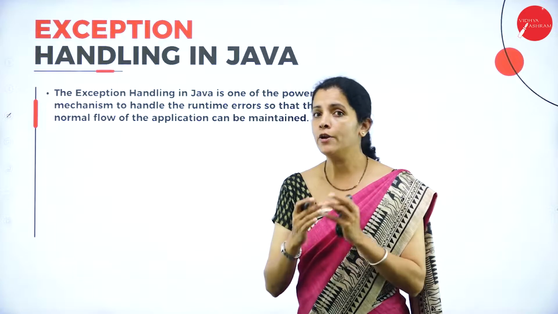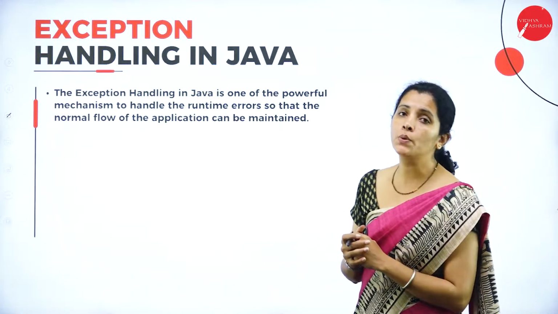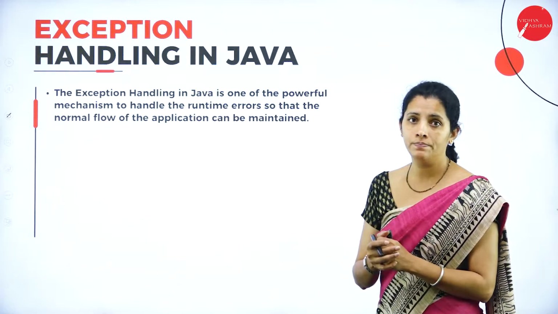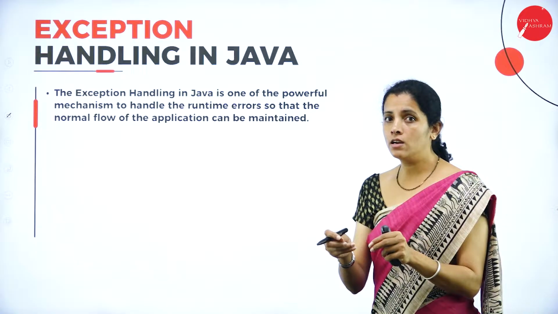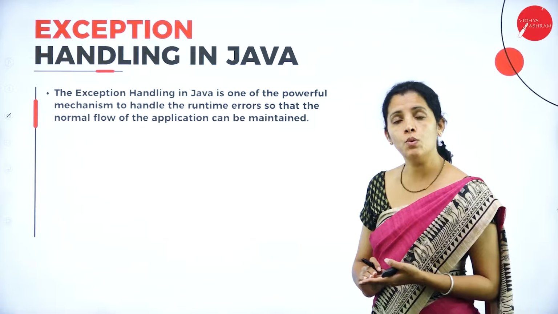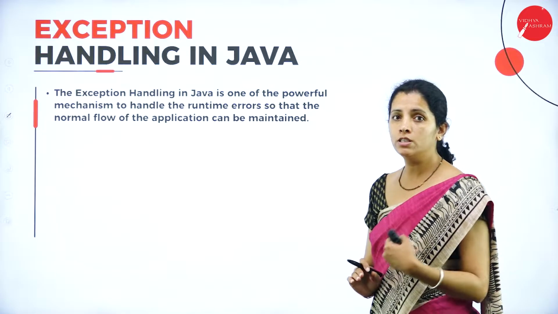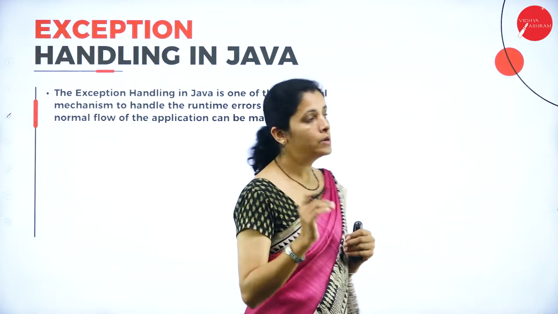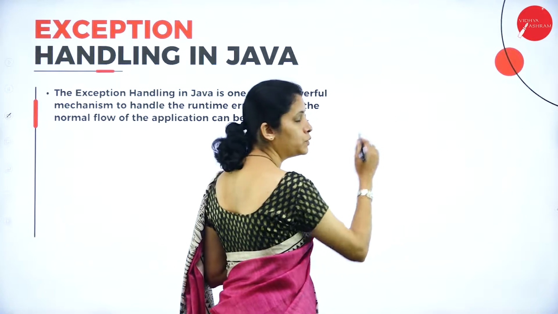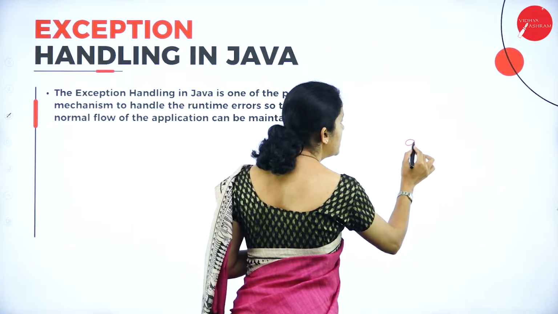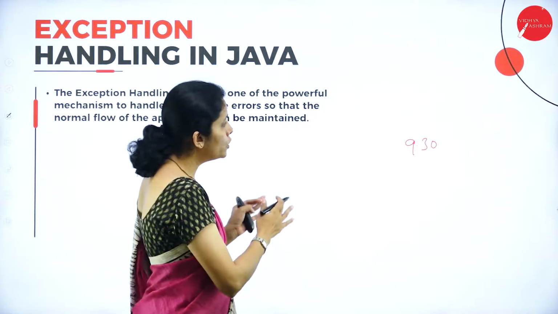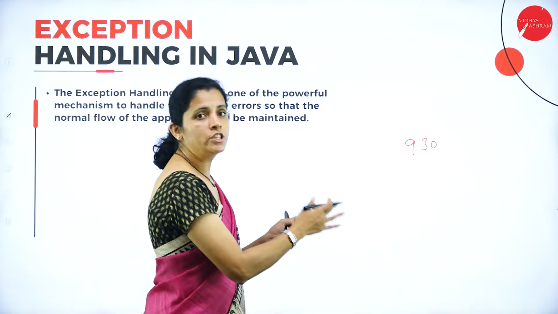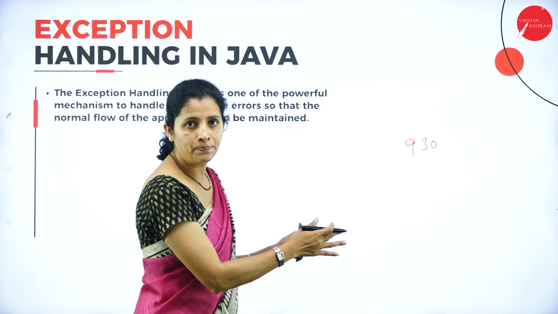Before that, I hope all are familiar with the word error, or it's nothing but the bug. So, what is error? If error occurs, what is going to happen? Think that, okay, you have to come to the college by 9:30. Every day you're going to come to the college before 9:30.